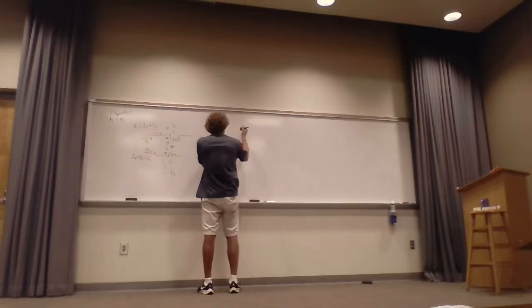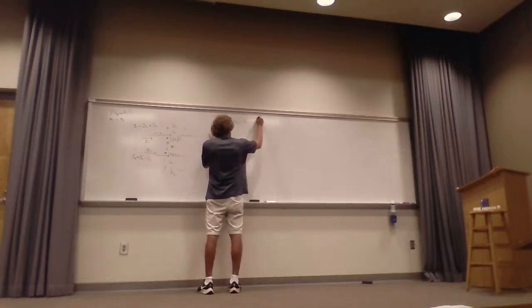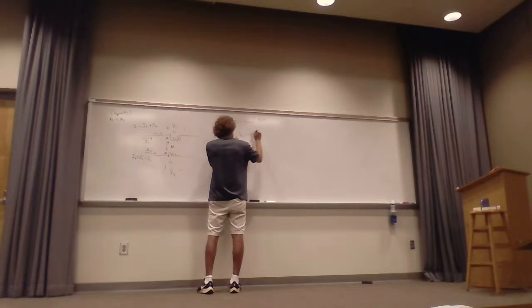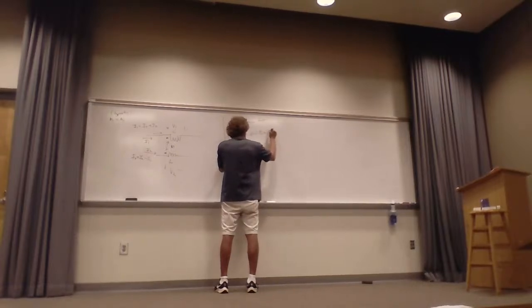So this is for the common mode. And I want to get V1. So remember, V1 is equal to j omega L times I1, right? And it's plus j omega M I2.